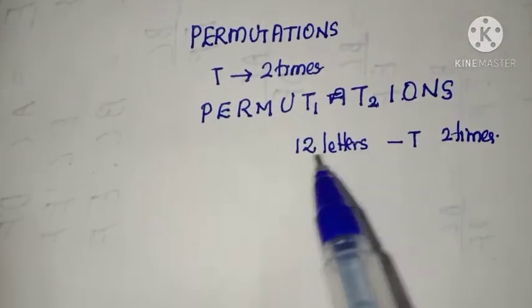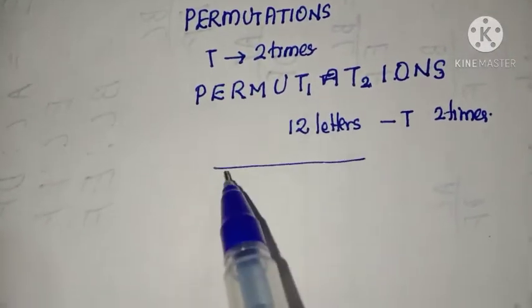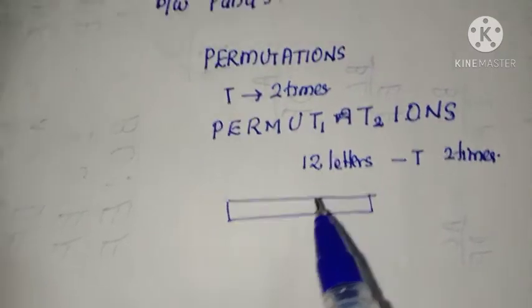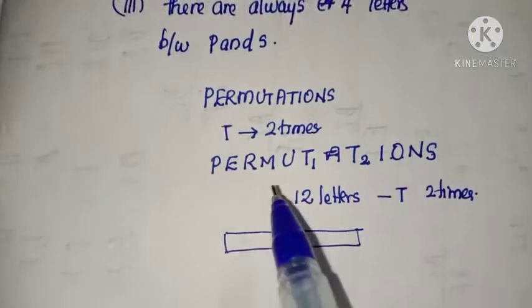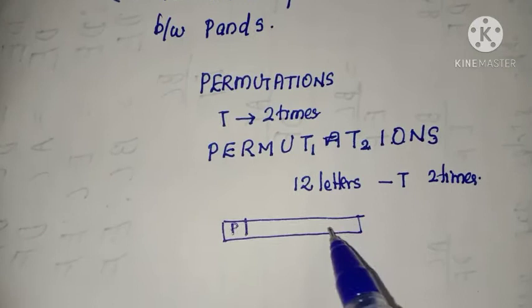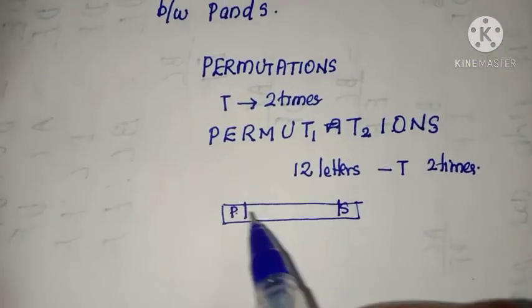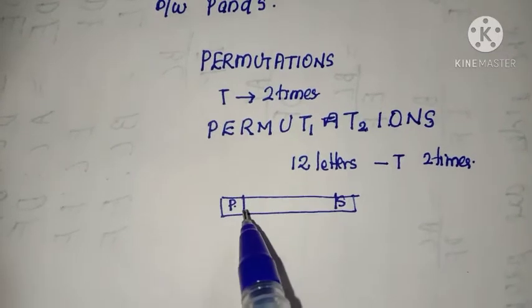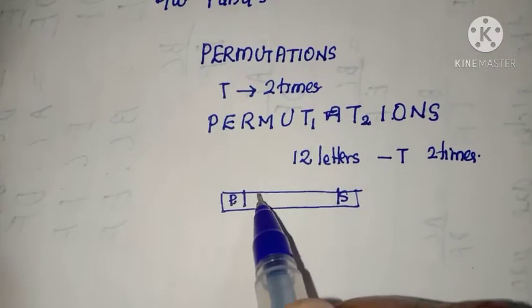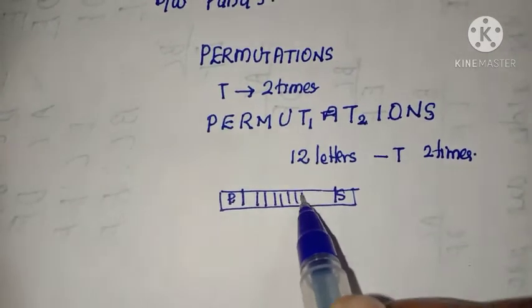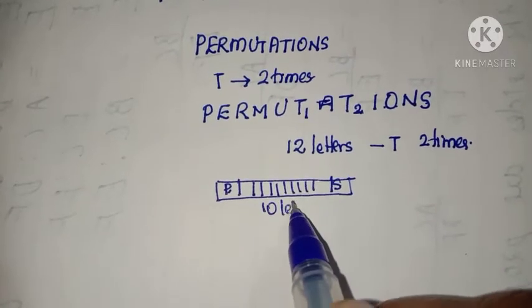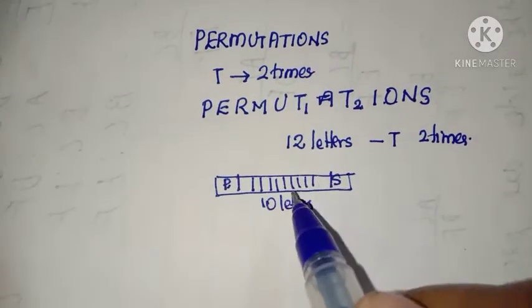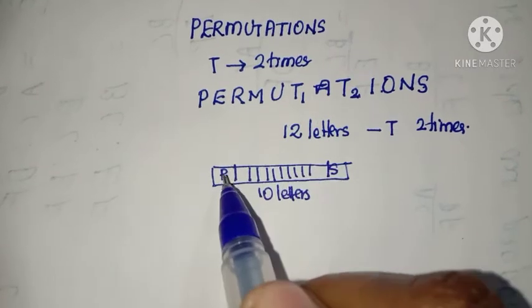Now, first one, word starts with P and ends with S. In this 12 letter arrangement, the first letter is P and the last letter is S, so we fix the first and last letters. In between P and S, how many letters are there? 10 letters, because we have a total of 12 letters and we fixed 2.